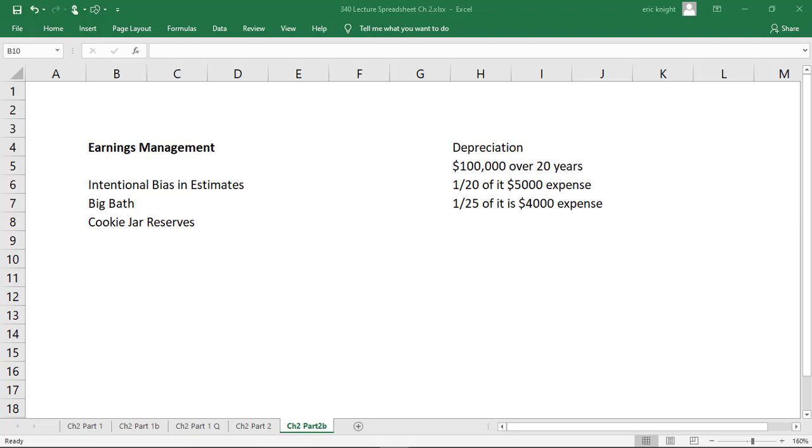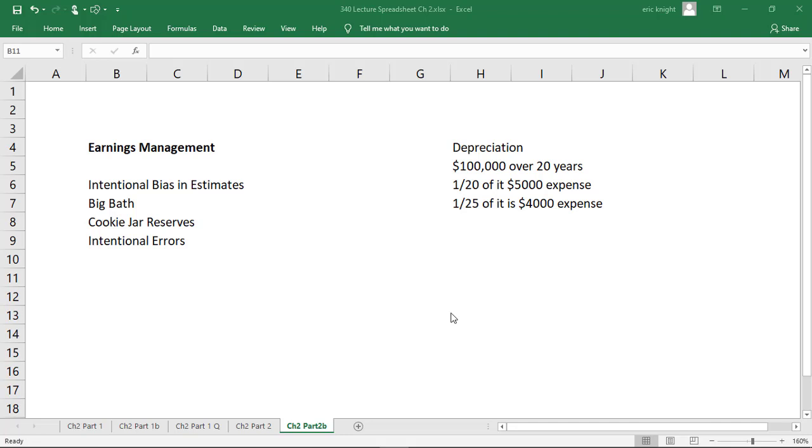So they have to put money away for these things that are naturally occurring. What management might do is help themselves out in bad times by putting in a little extra reserve in good times. A little extra reserve in good times, less reserves in bad times, and that way they smooth out earnings. They call that the cookie jar reserves.